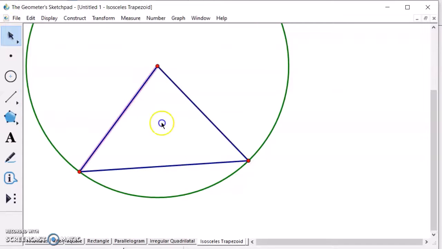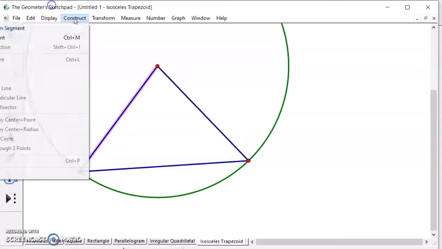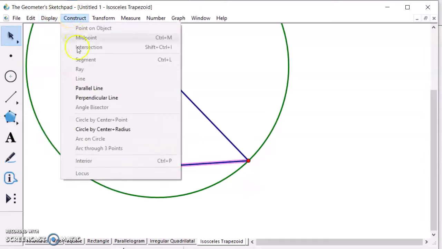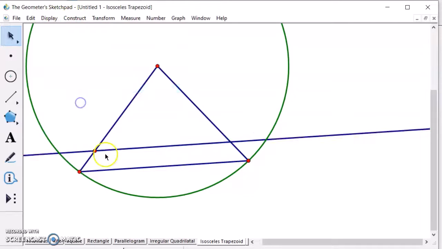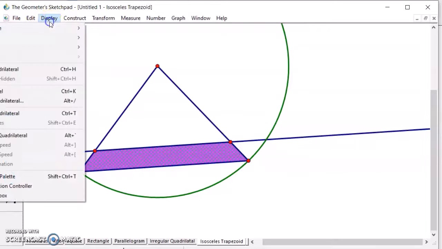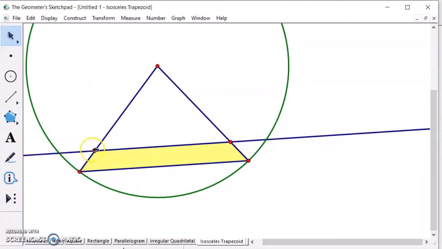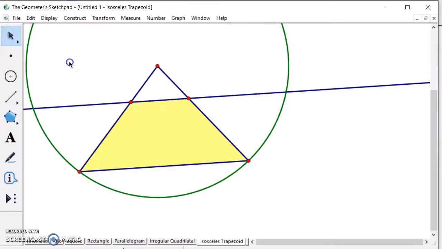And now I just want to construct a random point there, use the parallel postulate, and then that is my isosceles trapezoid. Make it an easy to see color.